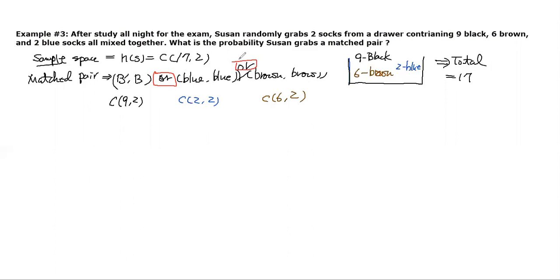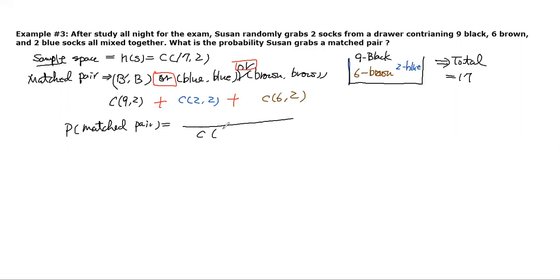So remember, in probability, when we see "or," what is it? It's the addition rule, so I'm adding. Okay, so now here is my probability of getting a matched pair. You put your sample space, right?